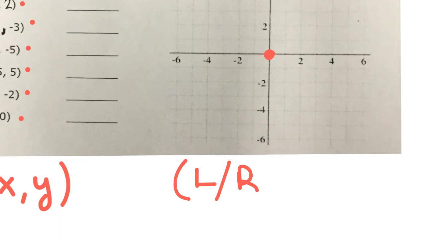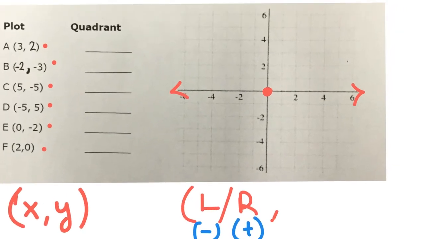That's my x-axis, right? I can go from the left to the right. Now, what type of numbers are to the left? Well, I have negative numbers to the left. And what type of numbers are to the right? I have positive numbers to the right. So that means my first number will tell me either left or right based on whether it's positive or negative, right?